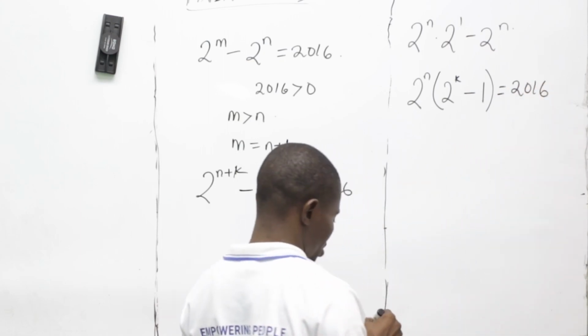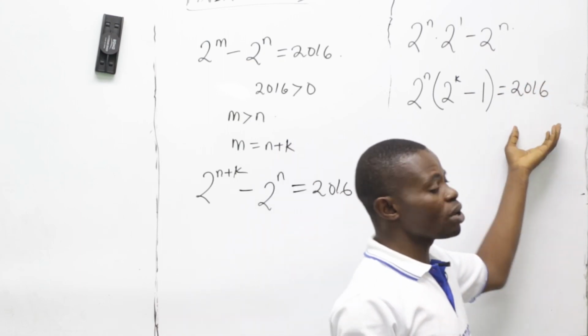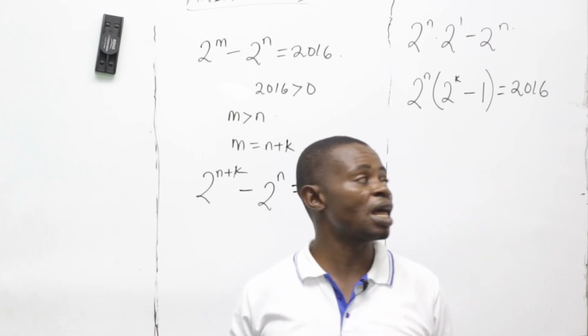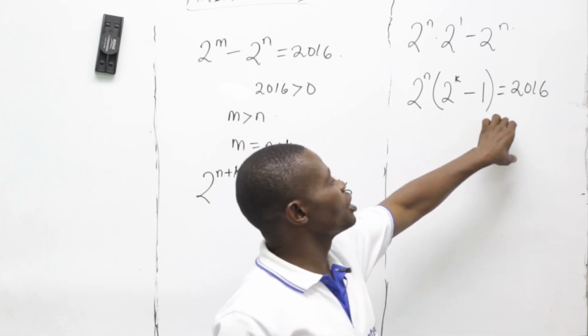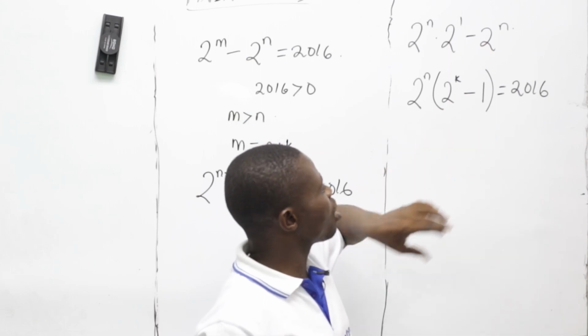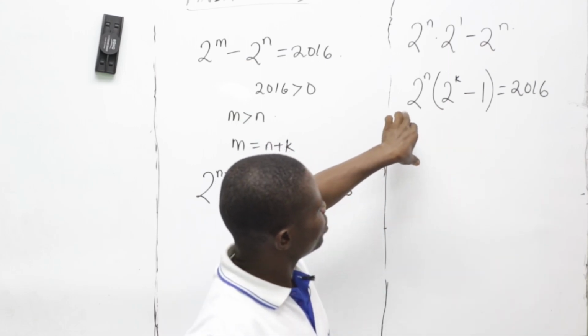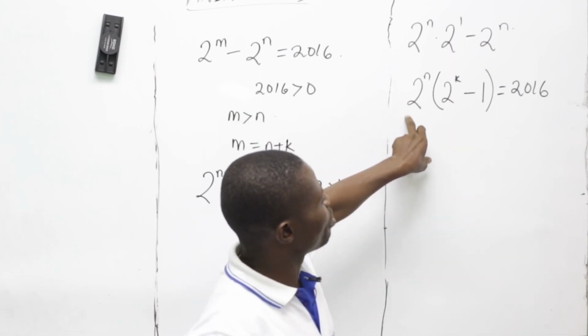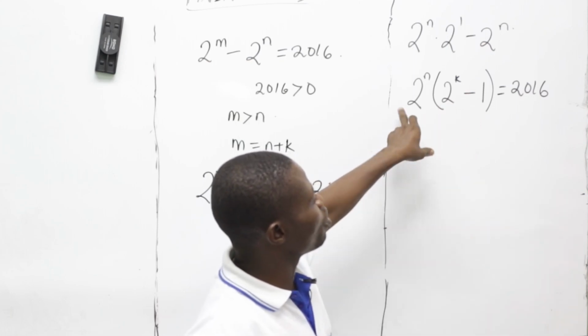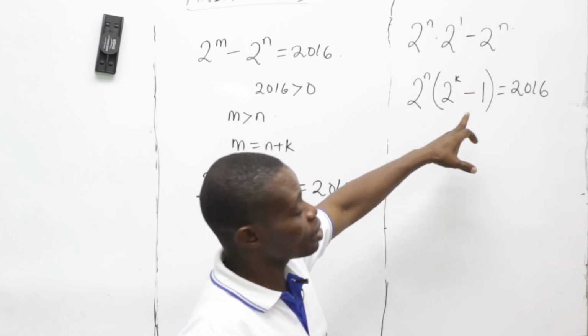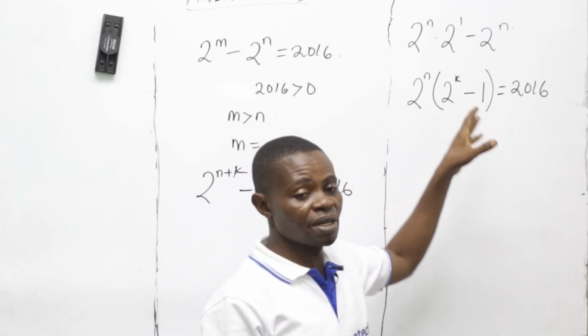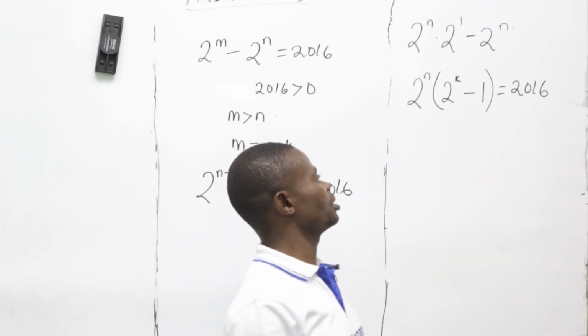2016. So another thing, what are the two numbers when we multiply, it will give us a number where the prime number that will be raised to a particular power will be what? 2. Then when such index is multiplied by the remaining number, it will now give us 2016.